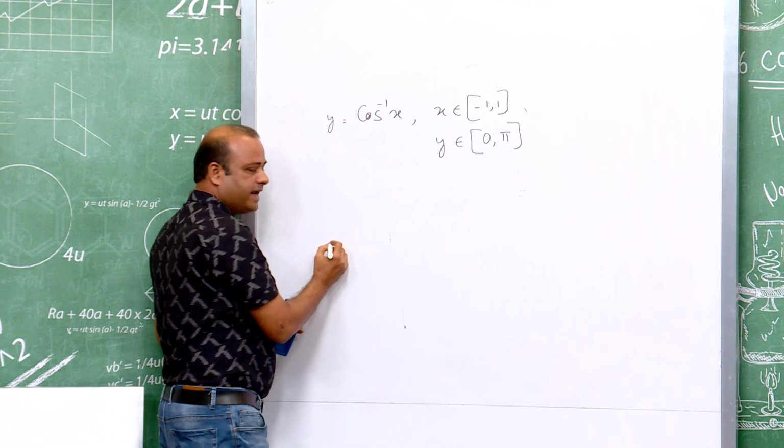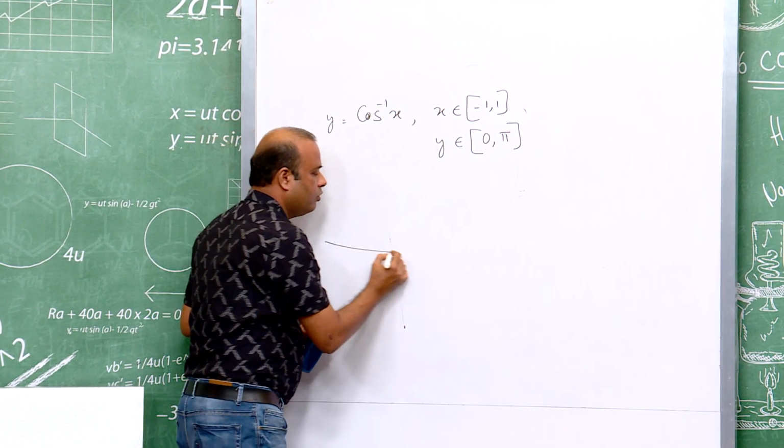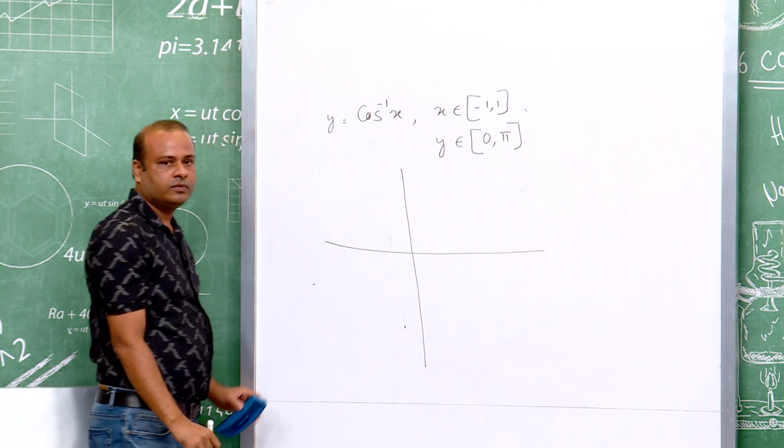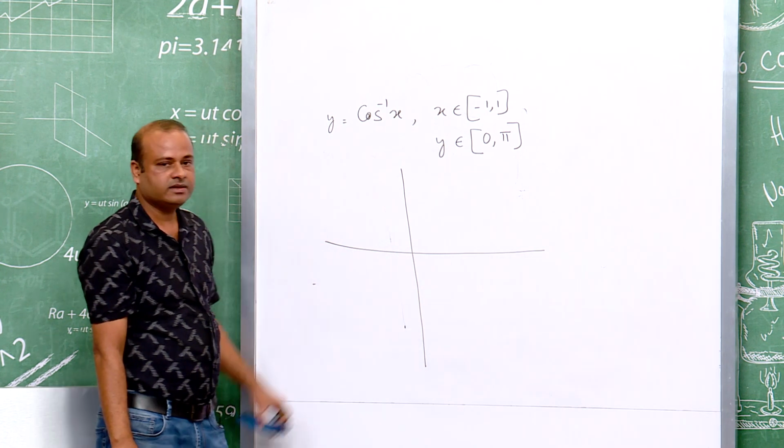Since there are no negative values, no part of the curve lies below x axis.